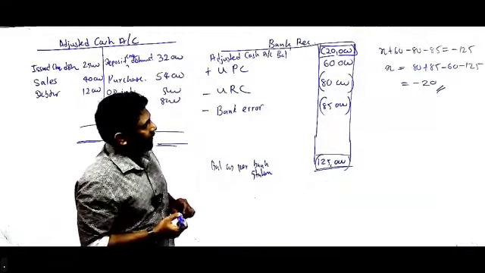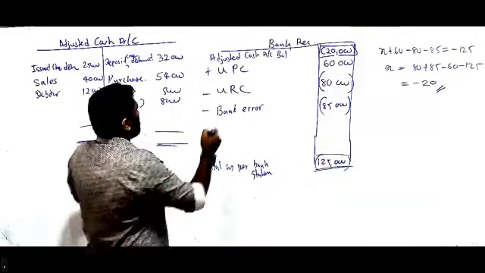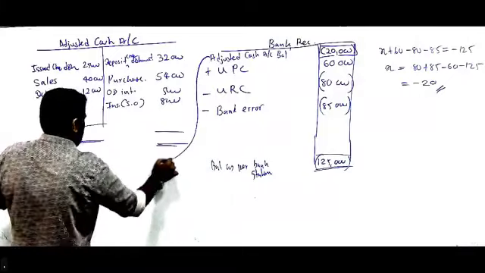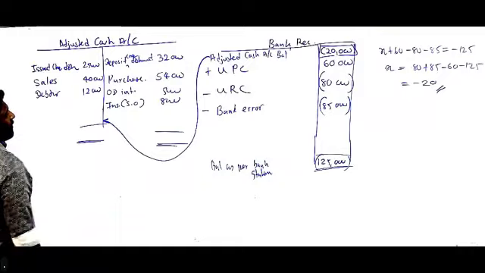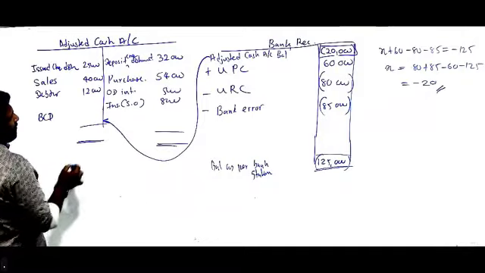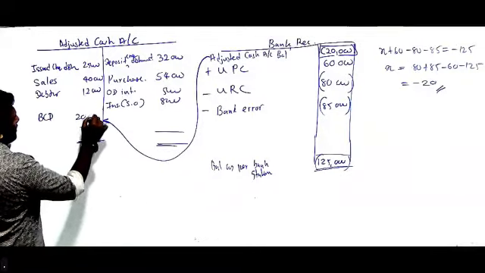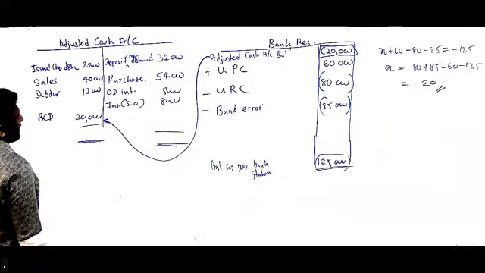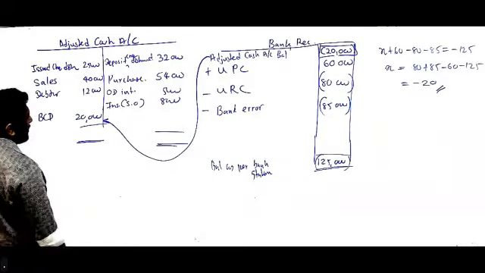So this is the balance that should come here. BCD 20. A minus value comes to the debit side, because the BBF would then come to the credit side.